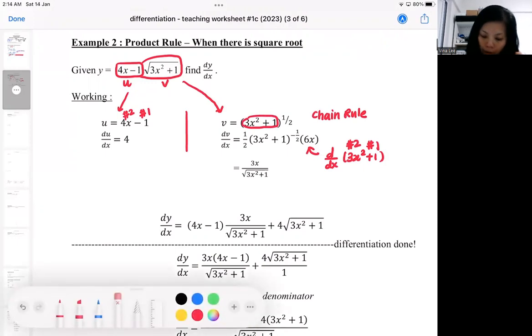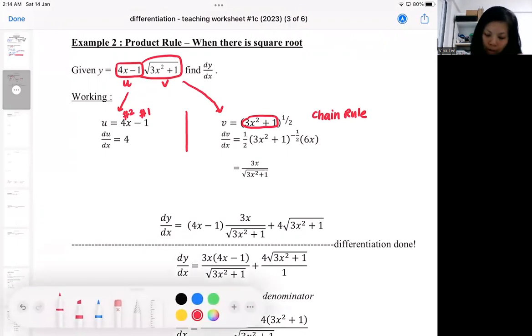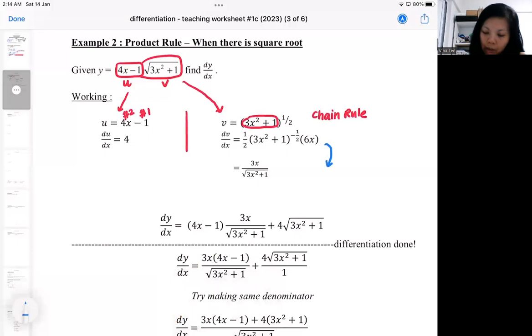Then, okay, the next part is the challenging part. A lot of students do not simplify just because they don't like to. So it is a must for you to simplify. So you must simplify into a square root. So how would you simplify that?